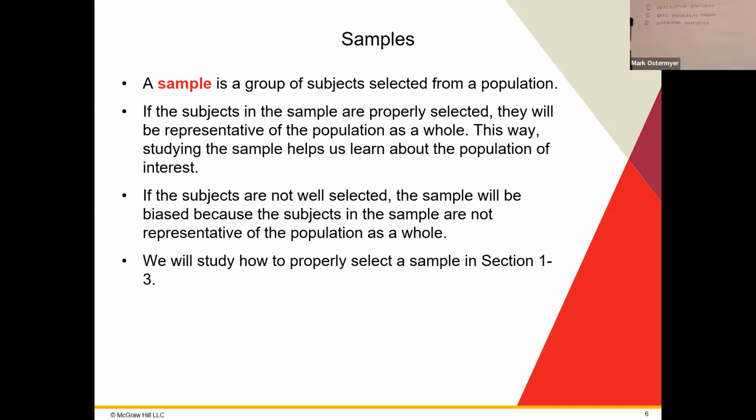Now, it's very important how we sample, ladies and gentlemen, because if we do not choose a good representative sample of our population, then our sample will be plagued with bias. And any result or conclusion we draw from our sample will obviously be condemned to bias. So we have to make sure that when we draw a sample from a population that it is a good representative sample of the entire population.